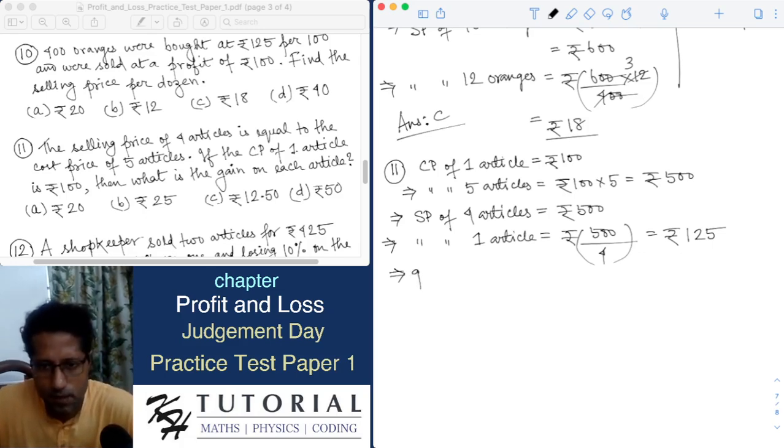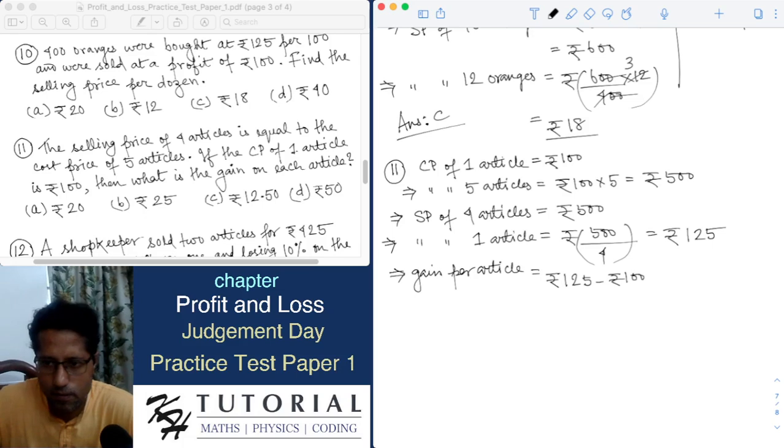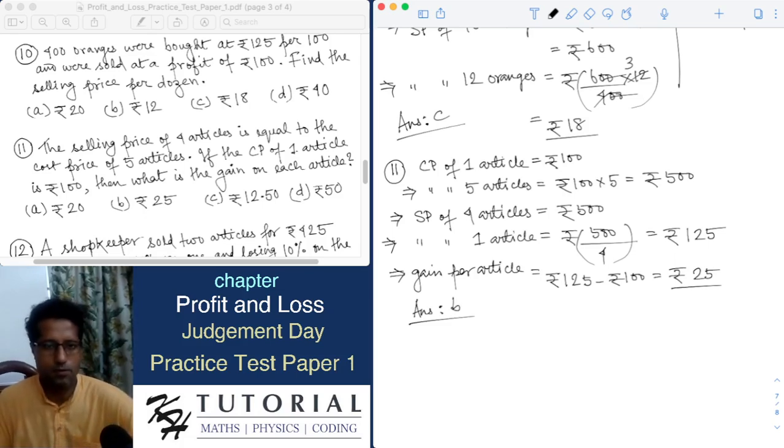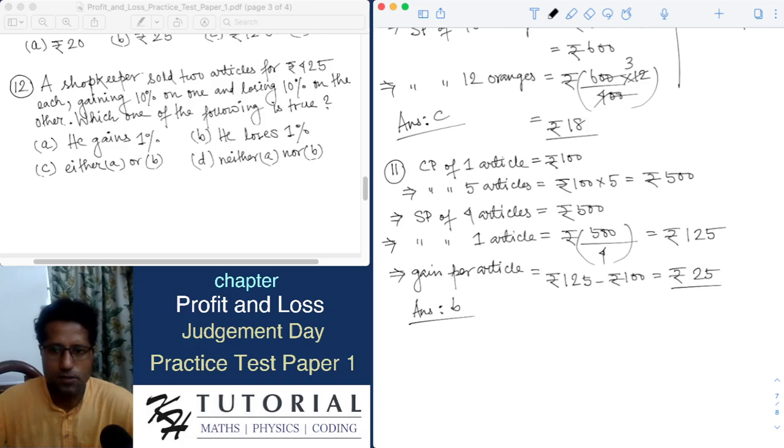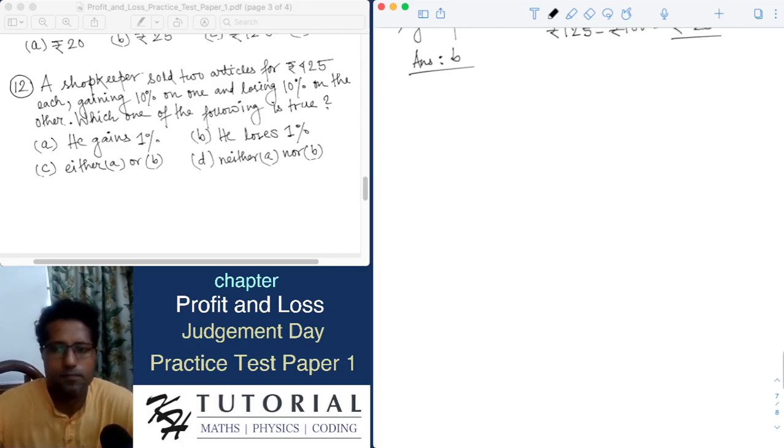Therefore, gain per article is equal to rupees 125 minus rupees 100, that is rupees 25. So the correct choice is B. B is the answer, correct choice. Let's do problem number 12.